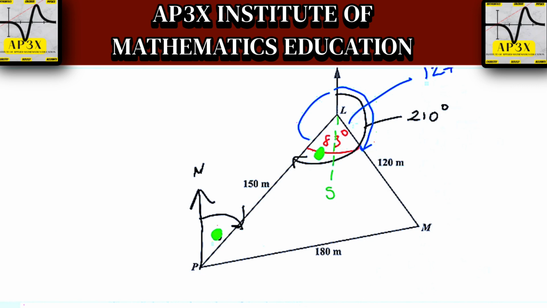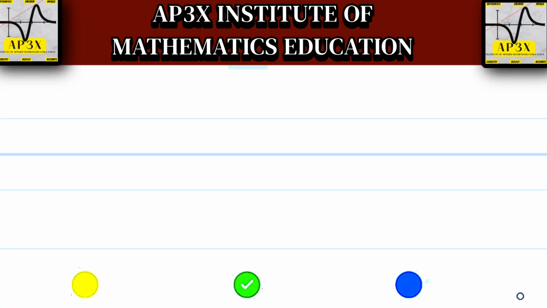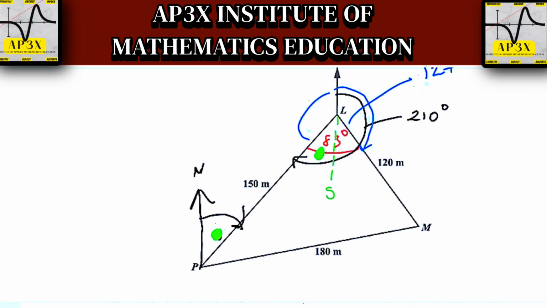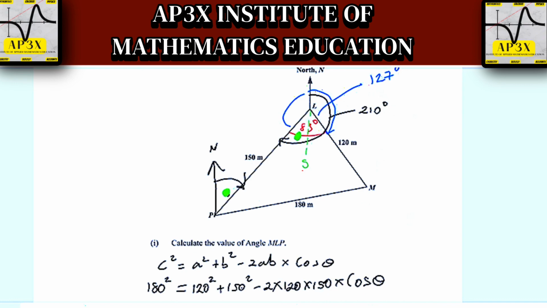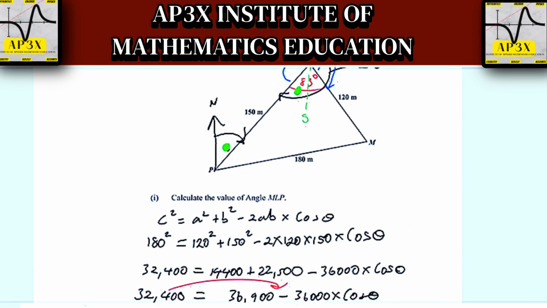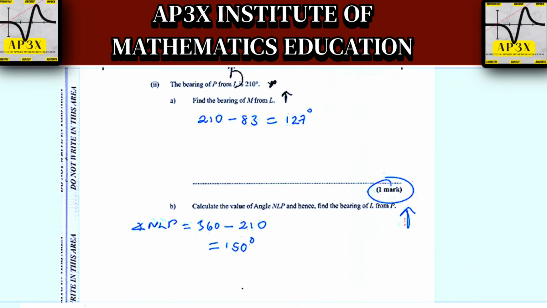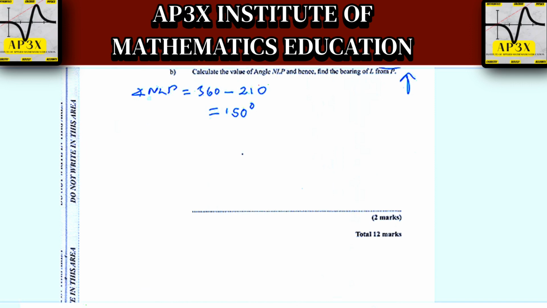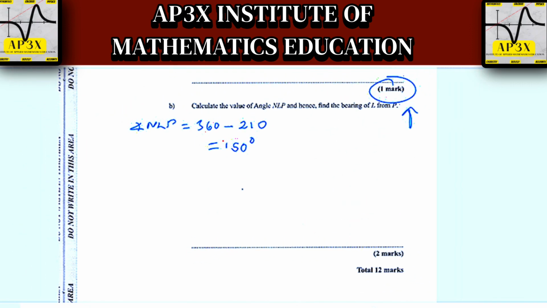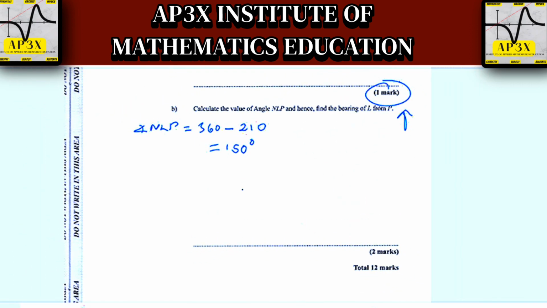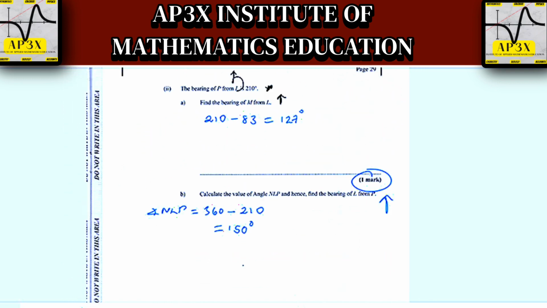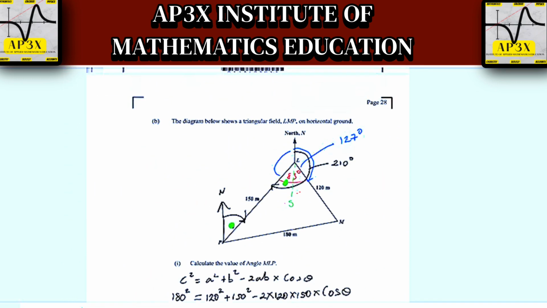I just need to find this angle and I'll automatically find NPL. So therefore let's just make some statements here. Okay, hold on guys, let me just make sure that I have my points correct.